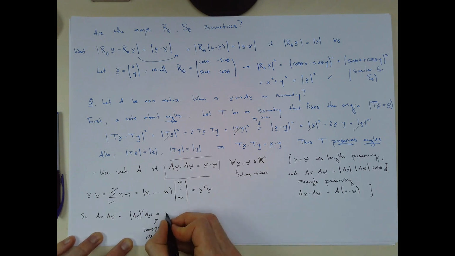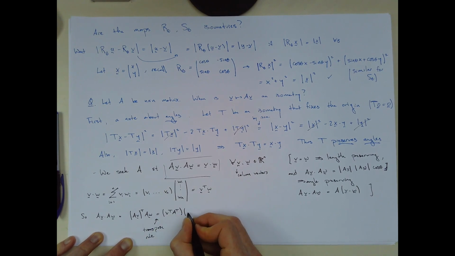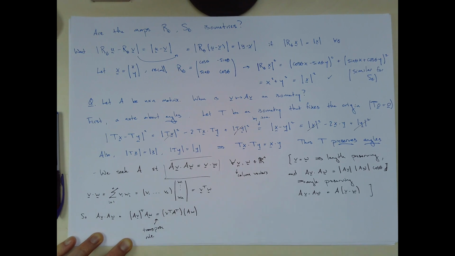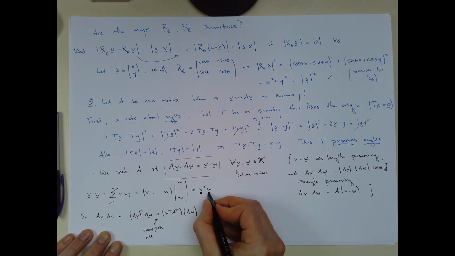So this is V transpose, A transpose, AW. Normally when talking about a vector we'd use the squiggly notation, but when writing it in this form it's usually expressed differently, so it might be better to write these without the squiggles.